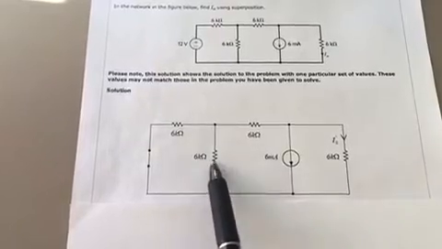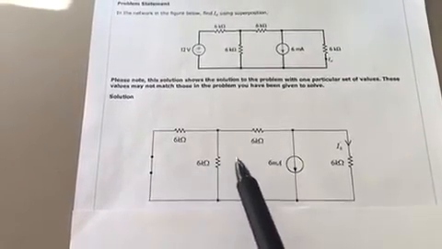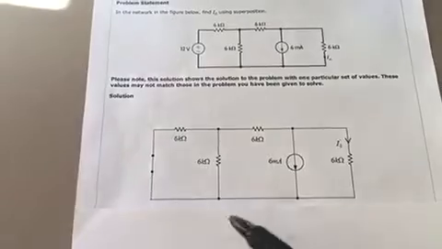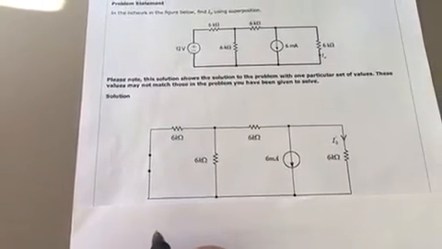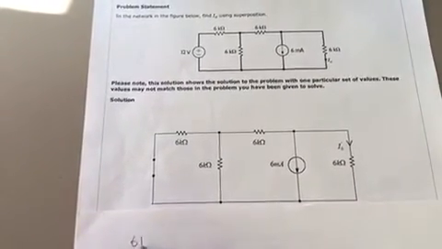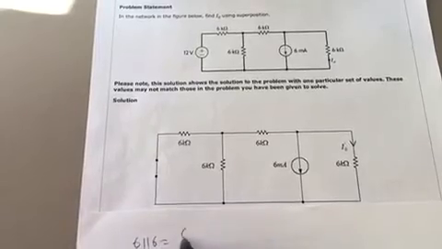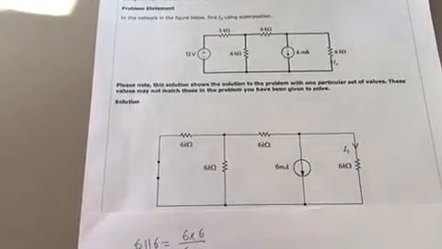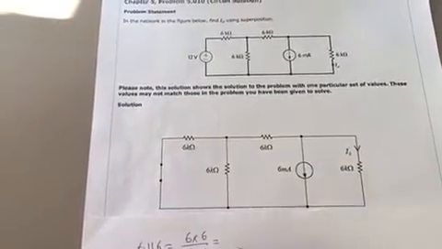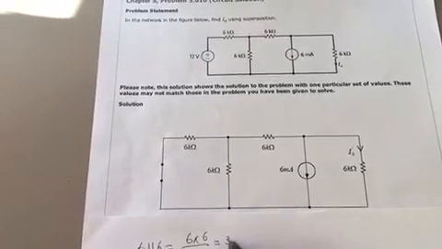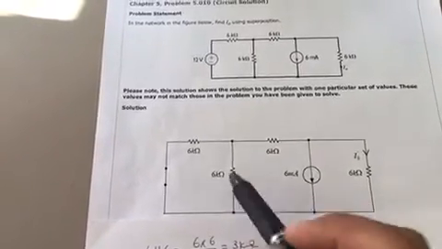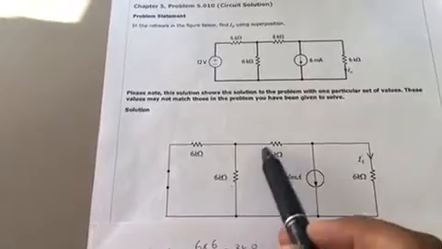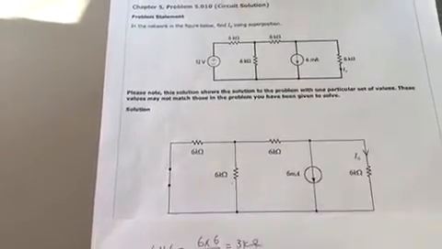Then this 6K and this 6K become parallel, and you can find the equivalent resistance. 6 parallel to 6 is 6 times 6 over 6 plus 6, so this is going to be 3 kilo ohm. I can replace these two with a 3 kilo ohm coming down.